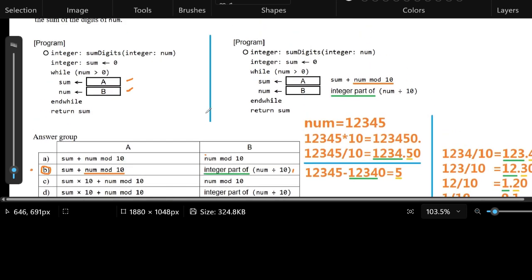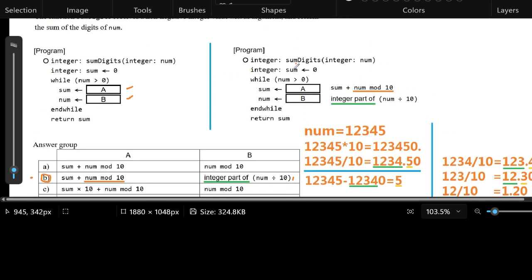Now we need to know why it's letter B, and if we look at the program again, we have here the function called SUMDIGITS, and the sum is currently at 0. It's an integer, which means it's a whole number, no fractions. And we go through the while loop here.